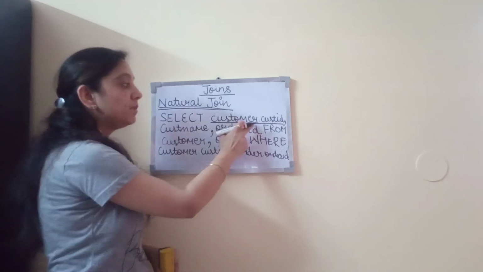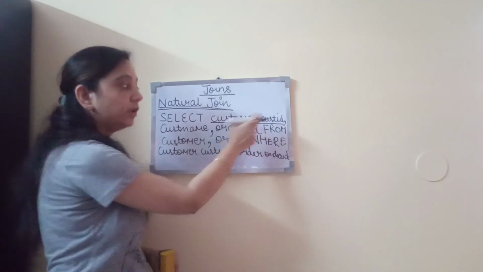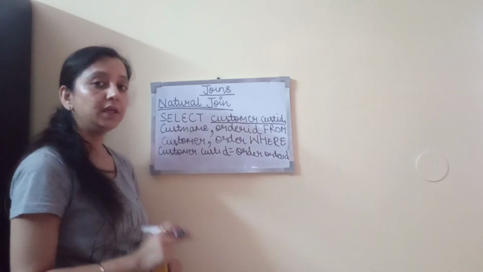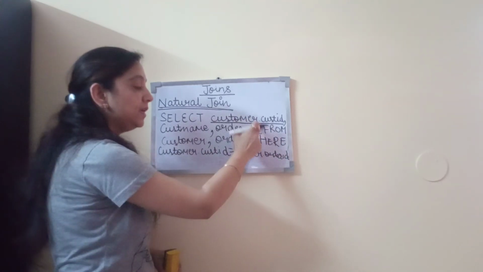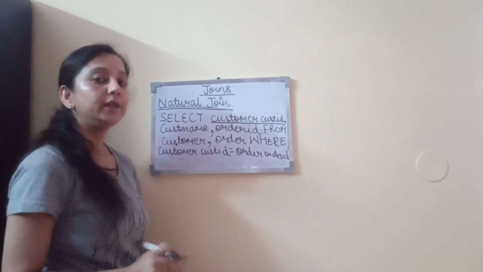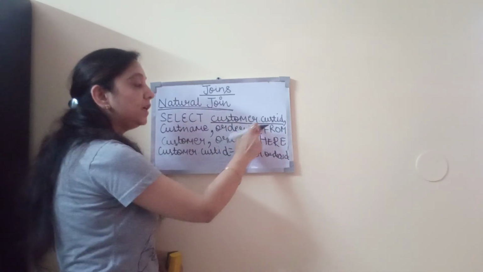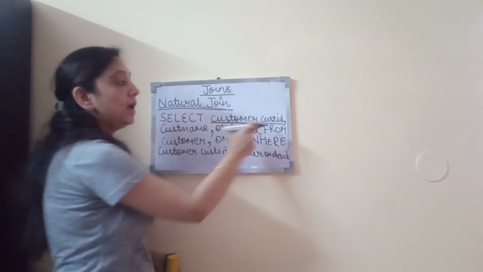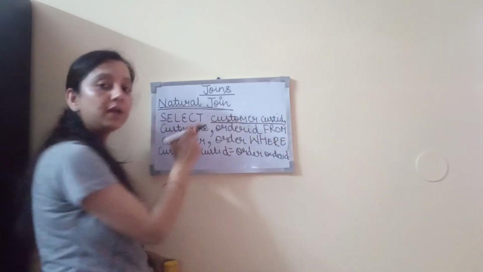And from which table have we taken the matching column, or the customer ID? From that table where it is the primary key, because customer ID is primary key in the customer table and foreign key in the order table. So from which table have we taken customer ID? From that table where it is the primary key, and it is primary key in the customer table.